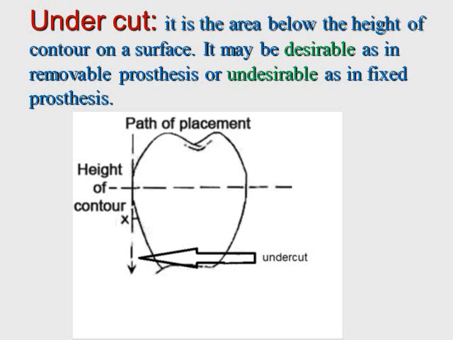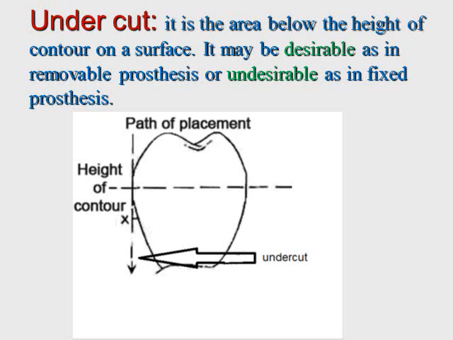It may be a desirable undercut because we are going to attach a clasp of a removable partial denture in this undercut, which has the function of retaining the removable partial denture. So it is a desirable undercut.